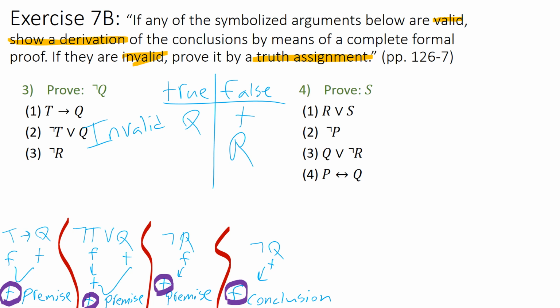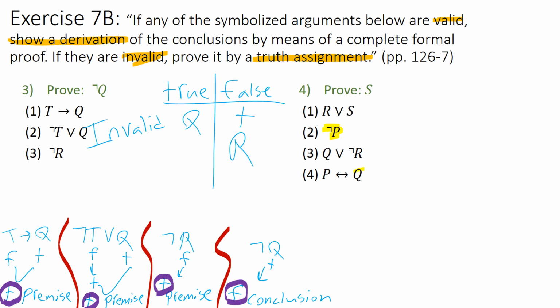Now let's look at number 4. We're asked to prove S given 4 premises. Again, let's think about this in our heads a little bit. All right, so we have R or S, not P, Q or not R, P if and only if Q. So we have not P, that's being definitely asserted. That we can definitely relate with the fourth premise.